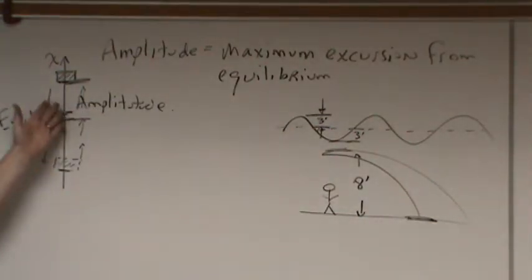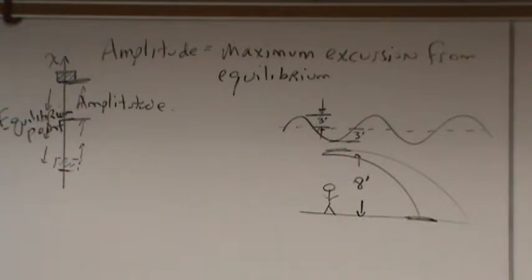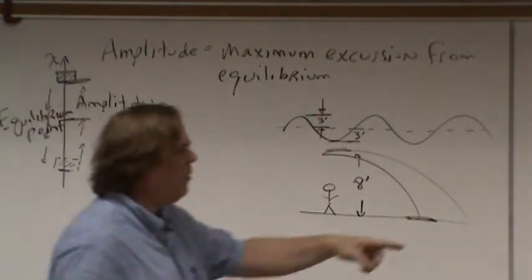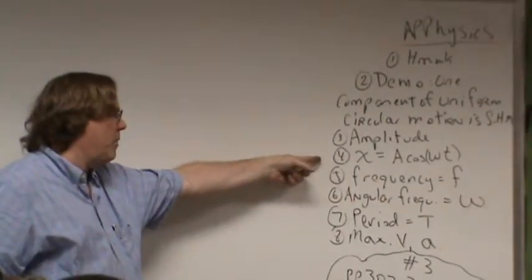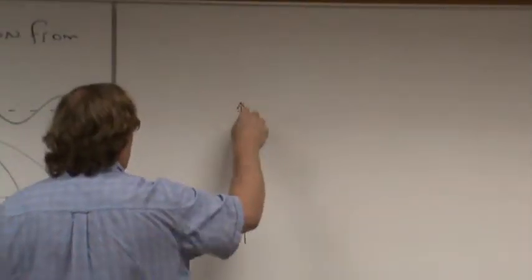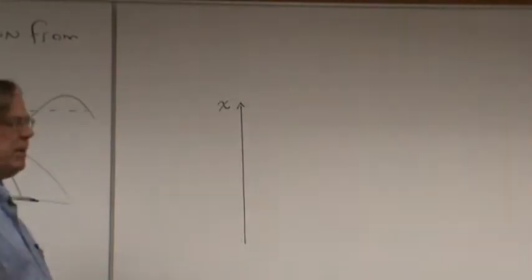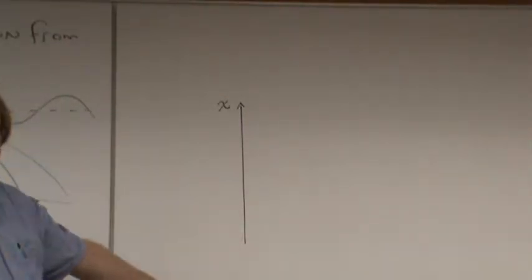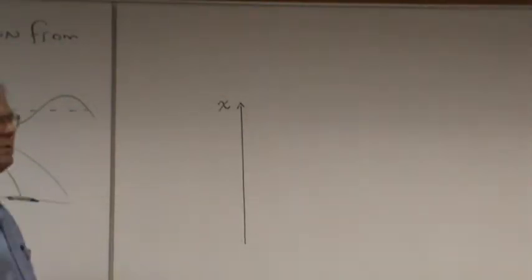So anyway, that's the amplitude of my wave. So now let's talk more about this idea of uniform circular motion being the same as simple harmonic motion. Imagine I have my displacement, my spring mass system, which is just going up and down.